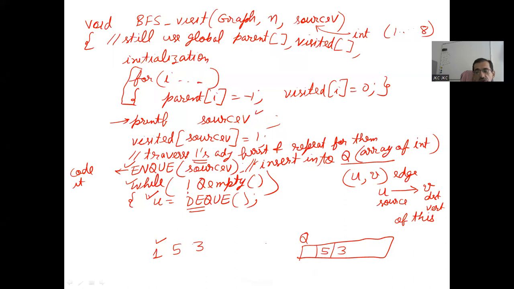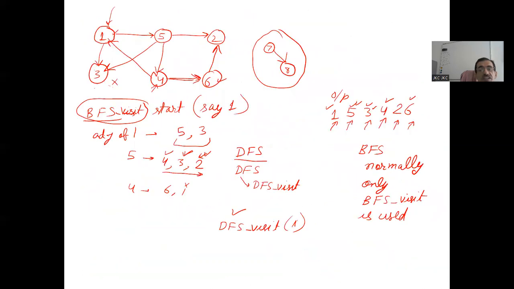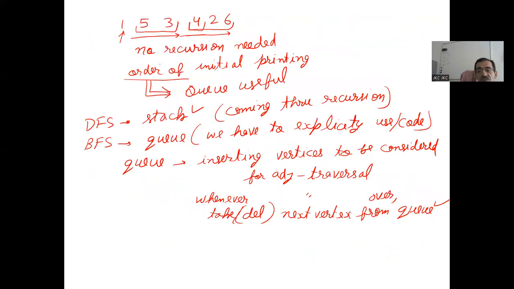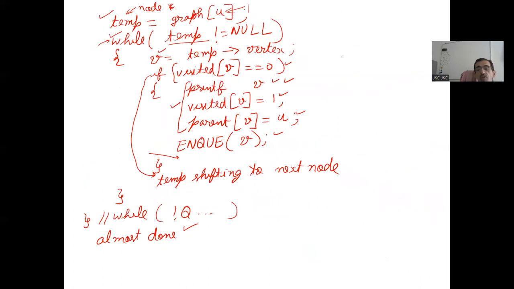After that, list over, obviously, this DQ will mean now 5 to be taken out. So as in the previous graph, 1, 5, 3, 4, 2, 6, corresponding to 5, I have got 4 being covered. So accordingly, 4, 3, 2 are the vertices of 5. So from 5, now 5's adjacents are 4, 3, 2. So one by one, they will be traversed.